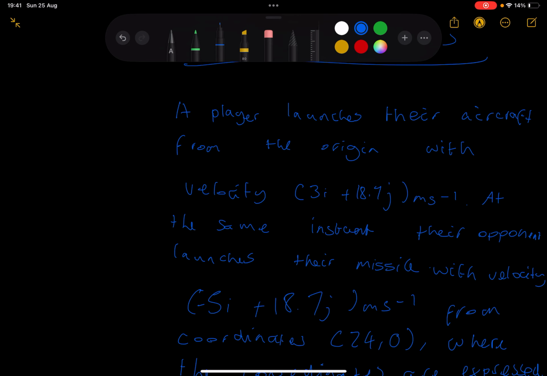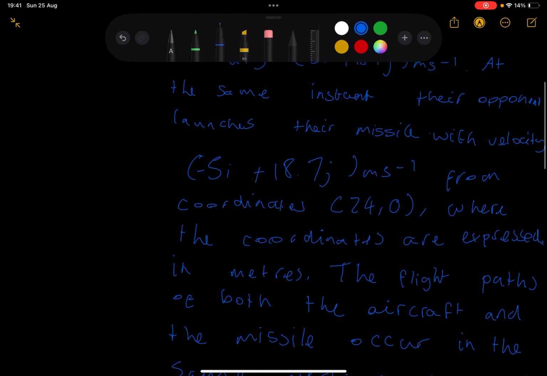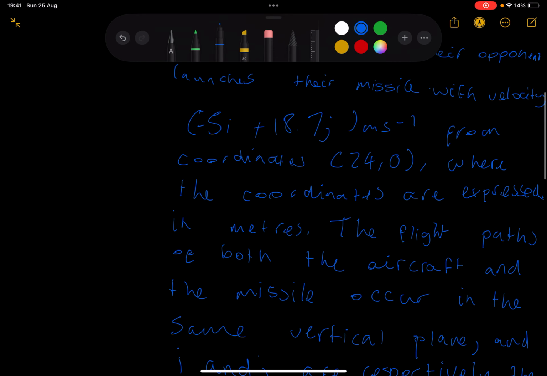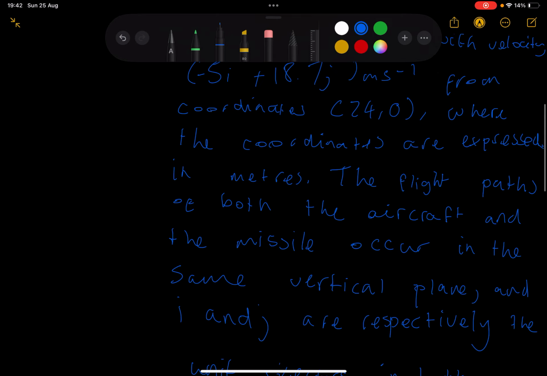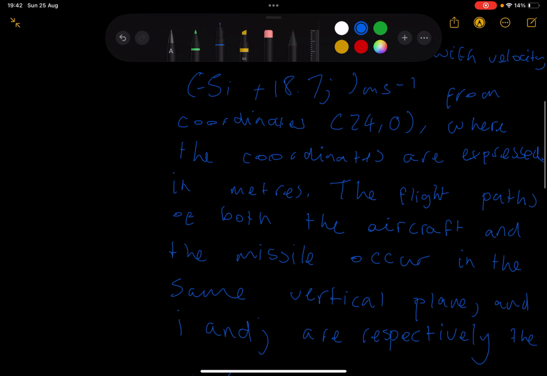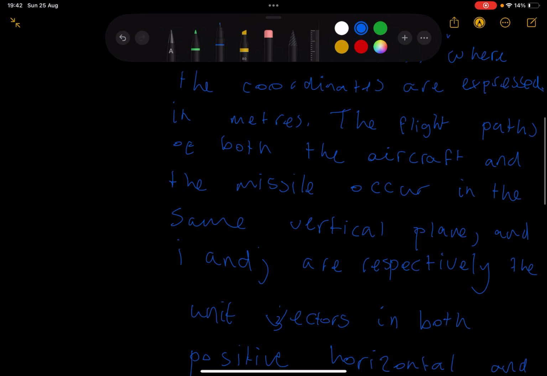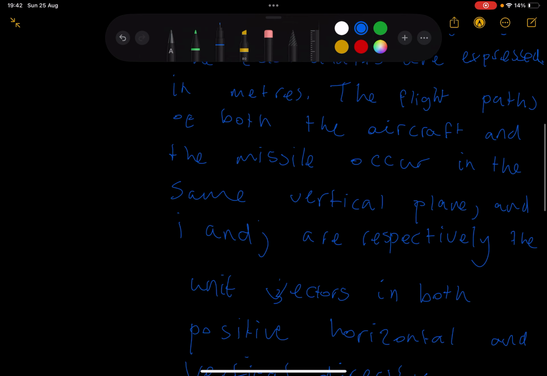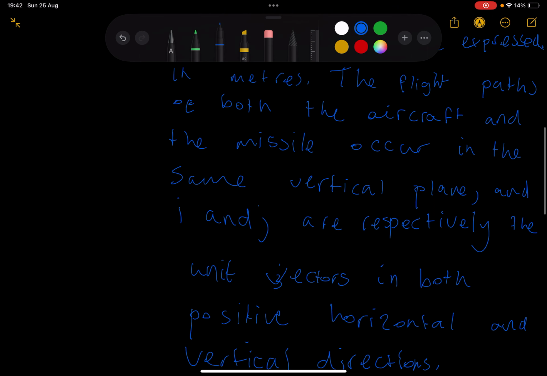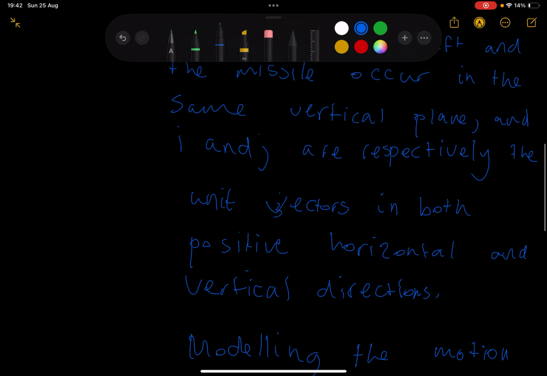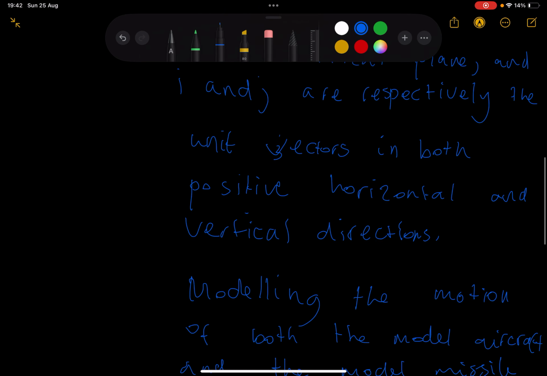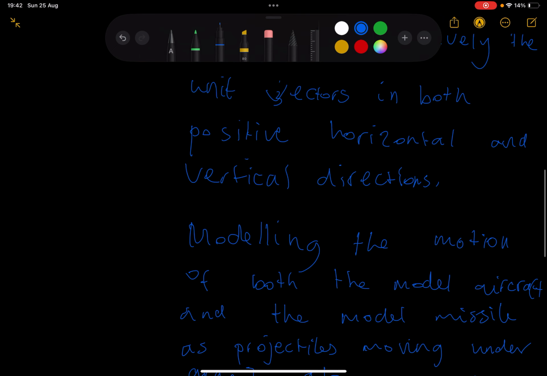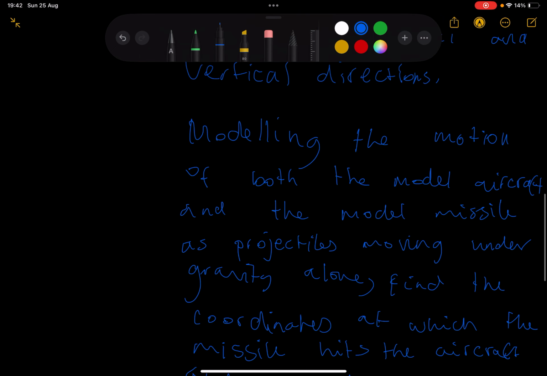At the same instant, the opponent launches the missile with minus 5i plus 18.7j meters per second from coordinates (24, 0), where the coordinates are expressed in meters. The flight paths of both the aircraft and the missile occur in the same vertical plane, and i and j are respectively the unit vectors in the positive horizontal and vertical directions.